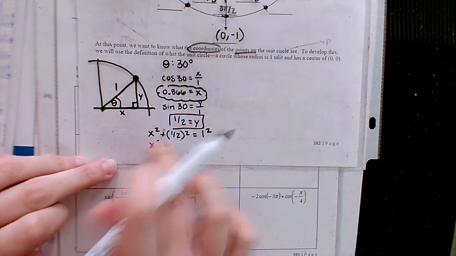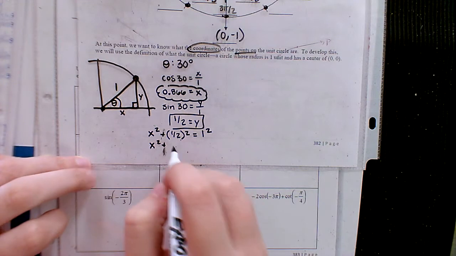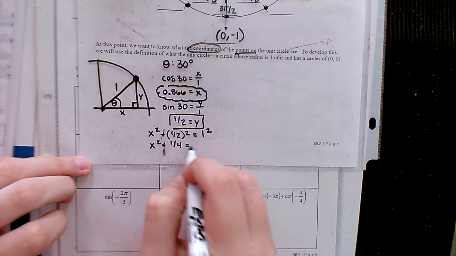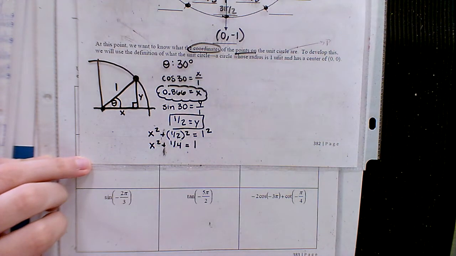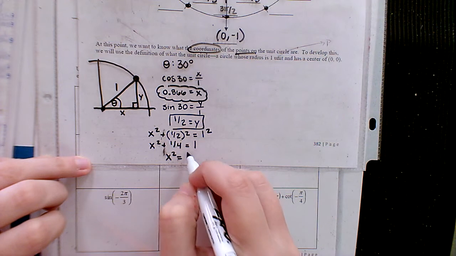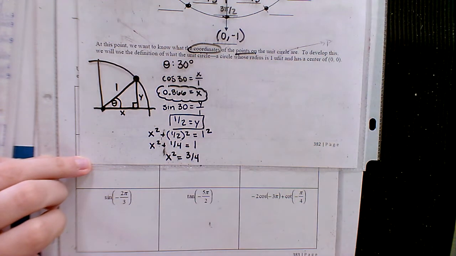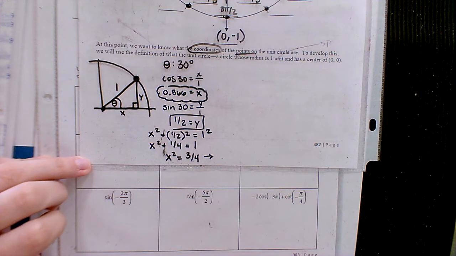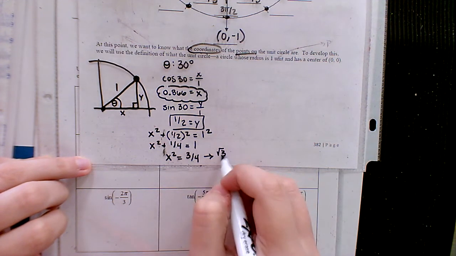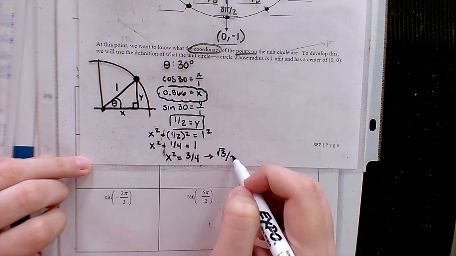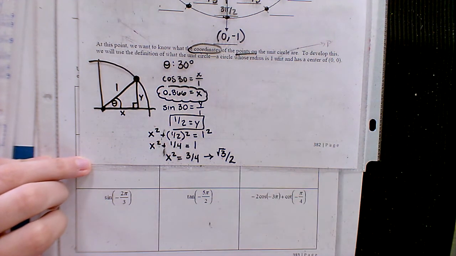So let's see. 1/2 squared would be 1/4, and 1 squared is 1. If we subtract 1/4, we'll get 3/4. And then if we square root both sides, we would have the square root of 3 on top. And then what about the square root of 4? That would just be 2.